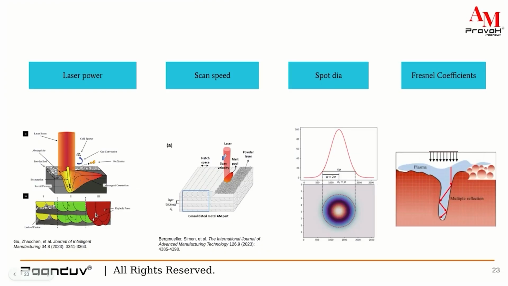Now coming to other parameters, which is preheating temperature. Now we all have heard that the temperature gradients in laser powder bed fusion are very high. These go up to the range of 10 raised to power 6 to 10 raised to power 7 Kelvin per meter. That happens because of the rapid melting and solidification into the system.